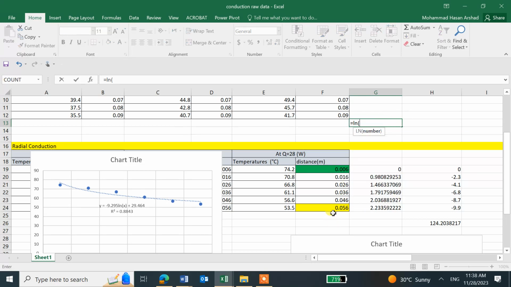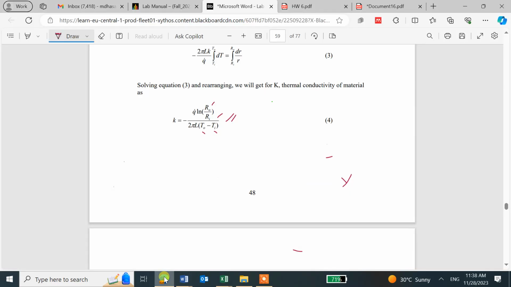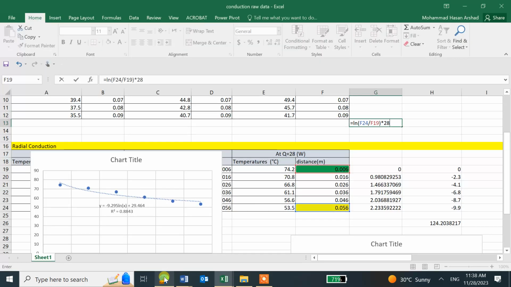ln r naught divided by ri, times q. In this case I have 28, and the equation is divided by 2 pi l. So divided by 2 times 3.14, the thickness 0.004, times the temperature difference.